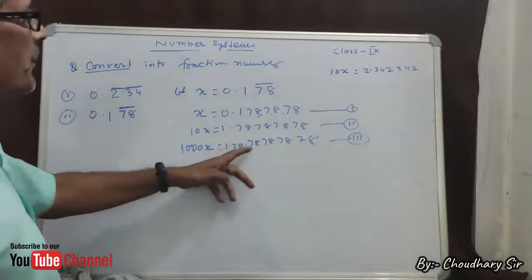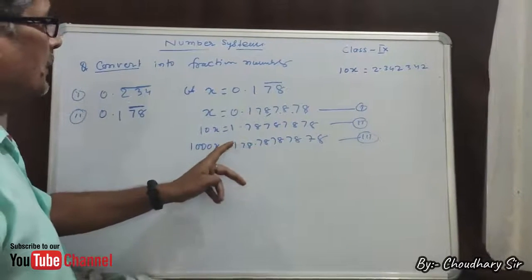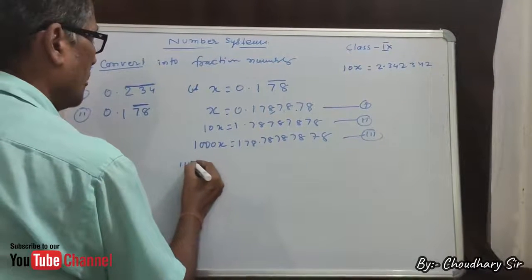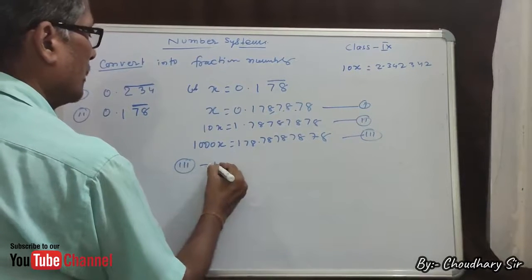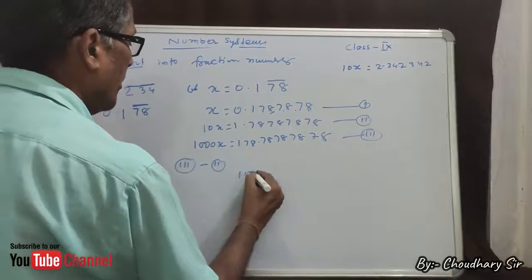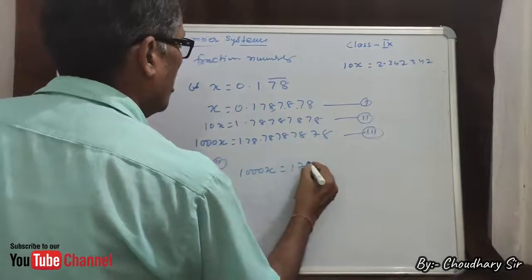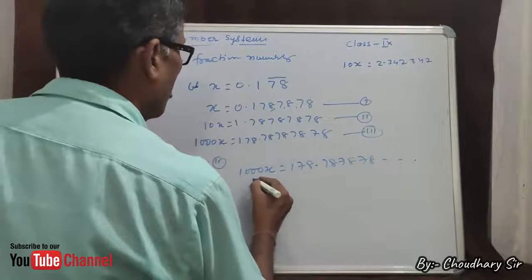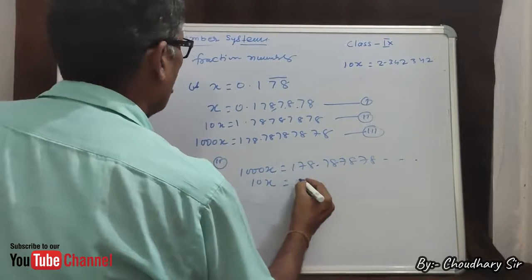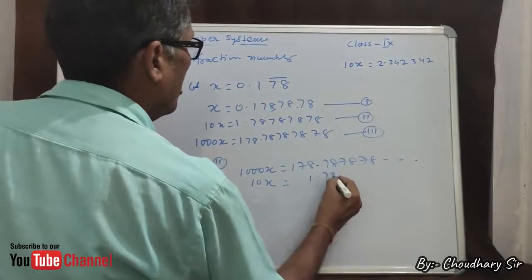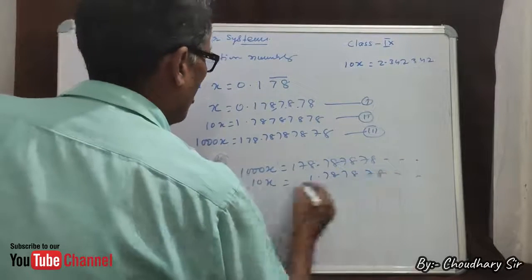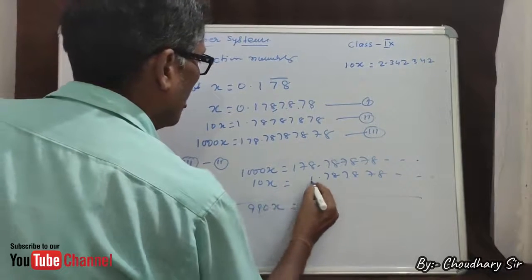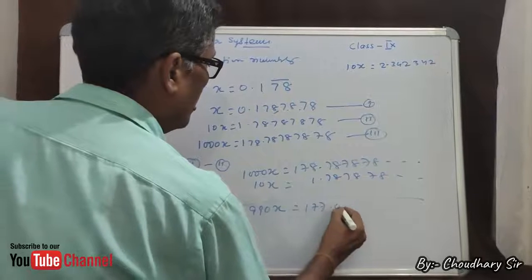To get the same digits after the decimal, subtract the second from the third. 1000x equals 178.787878 and 10x equals 1.787878. So 990x equals 177.000.